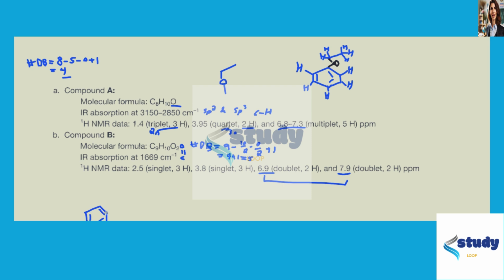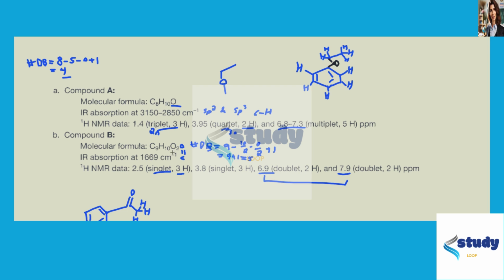So let's draw that carbonyl group right off the benzene ring. And why am I doing this? Because I have 3 hydrogens that are a singlet. By having a carbonyl group like this, these 3 hydrogens are going to be neighboring a carbon that has 0 hydrogens attached to it. So the neighbors are 0, and 0 plus 1 equals the singlet that we see here.